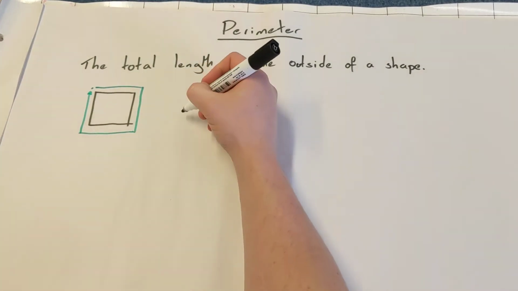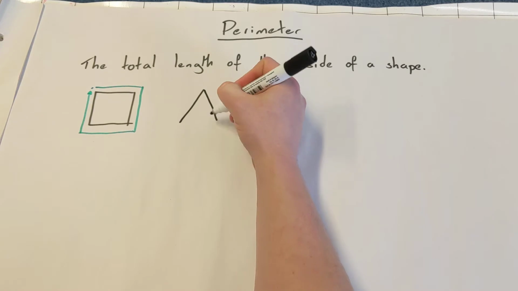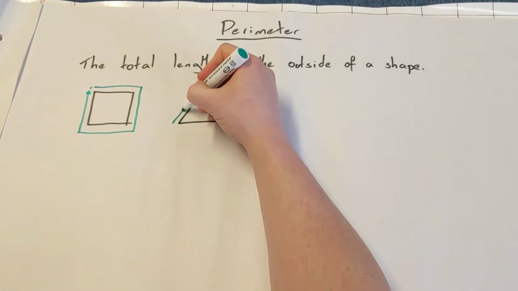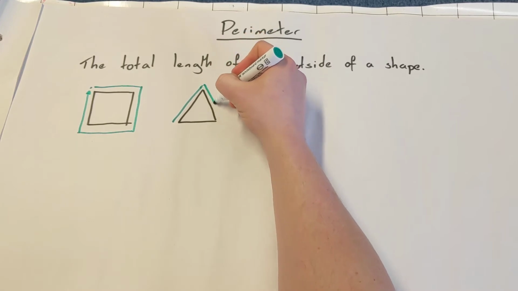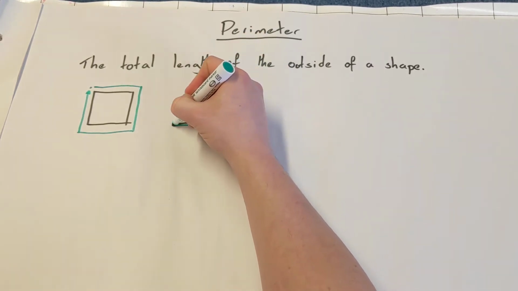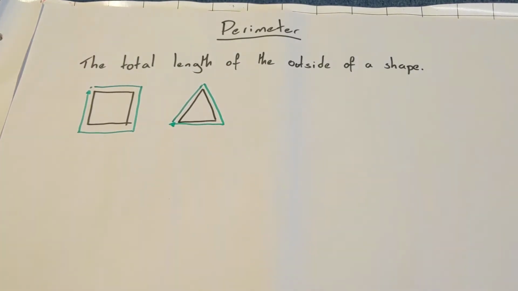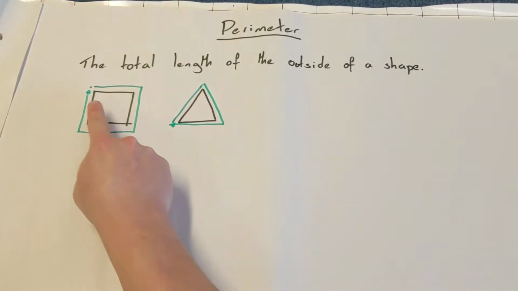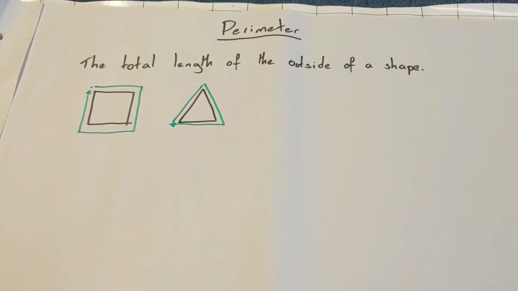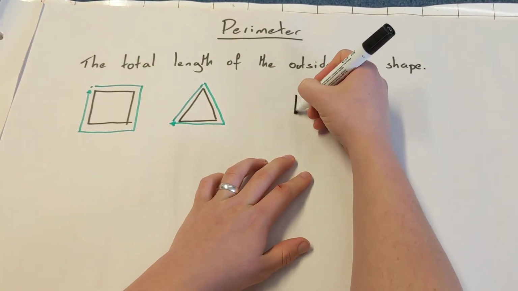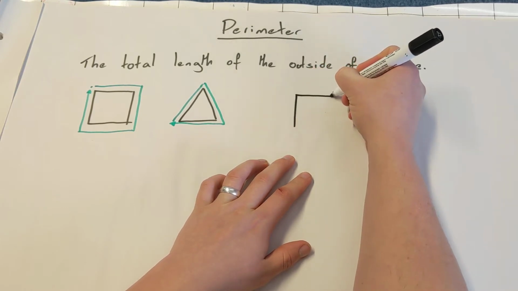If we had a triangle, the perimeter is how far around it would be to go all the way around the triangle back to where we started. And so to do that, all you have to do is add up each side to get the perimeter. So let's look at some examples with numbers on them.